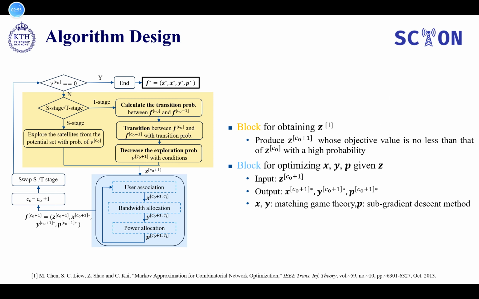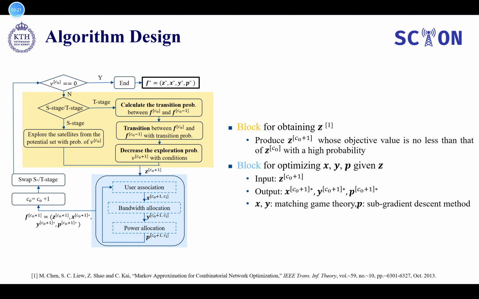And here is the algorithm design. There are two main parts of the proposed algorithm, the orange block and the light blue block. And here CO is the counter of the iterations. And the function of the orange one is producing the satellite selection, which can bring higher sum rates with higher probability.